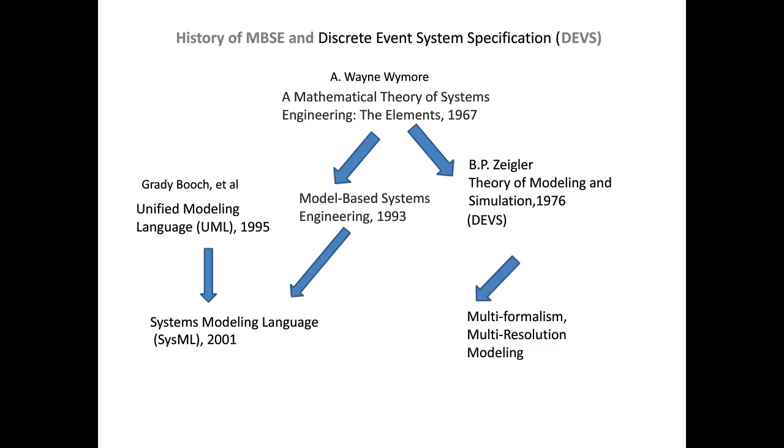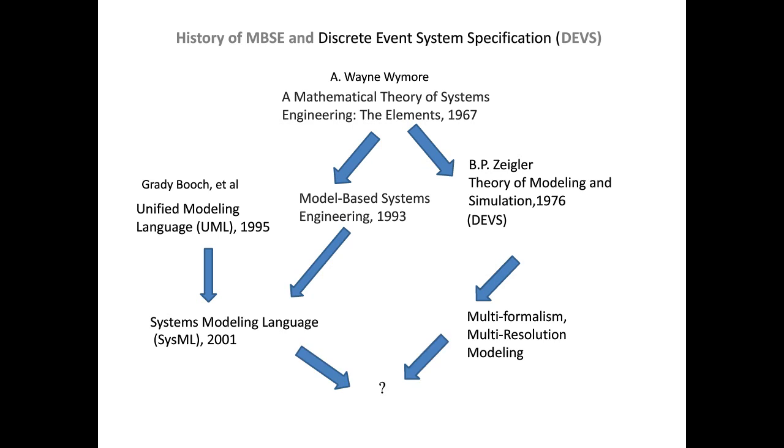On the other side, in 1976 I developed the theory of modeling and simulation and the DEVS concept within it, partly based on Wymore's system theory. And so now we're talking about how these two streams can come together.